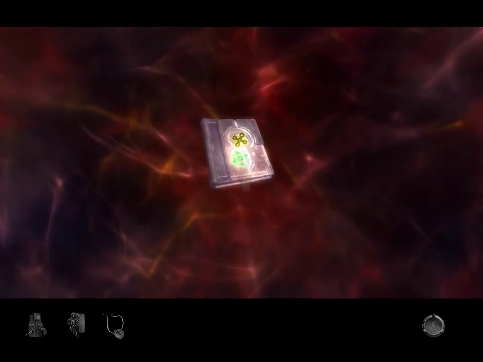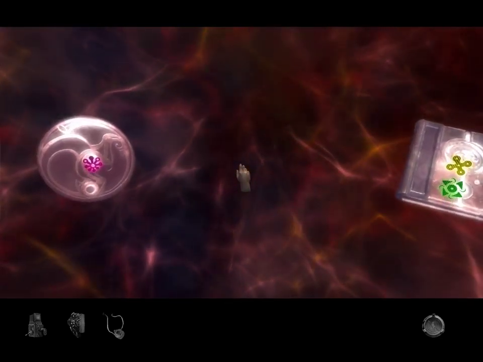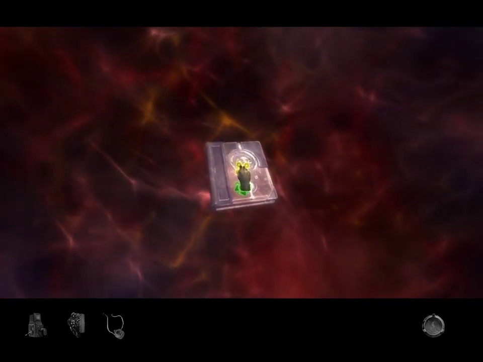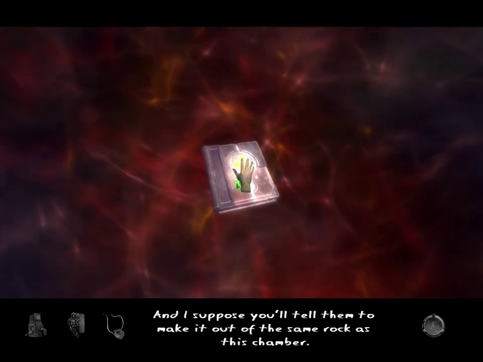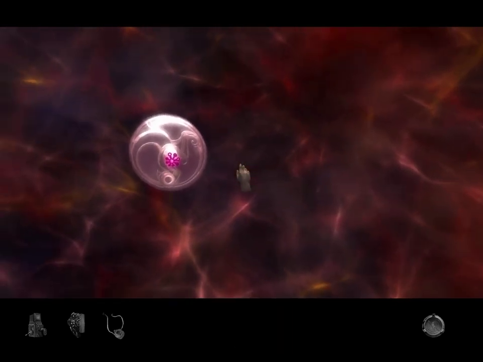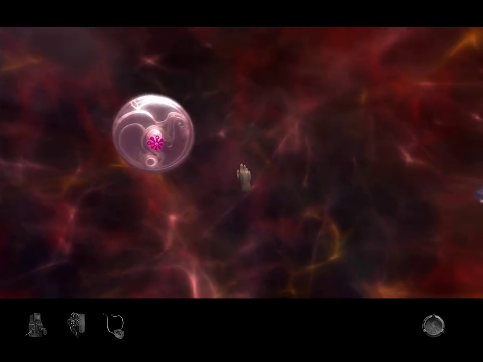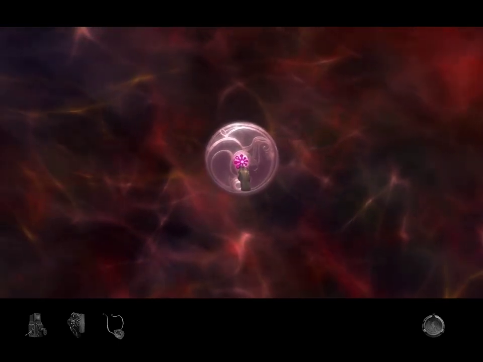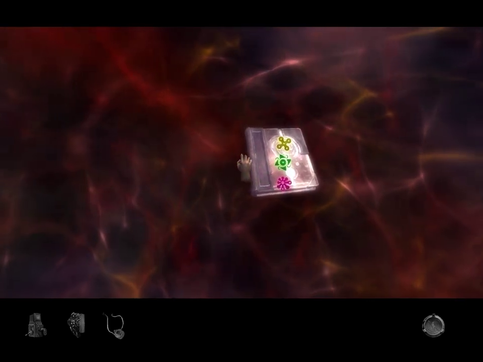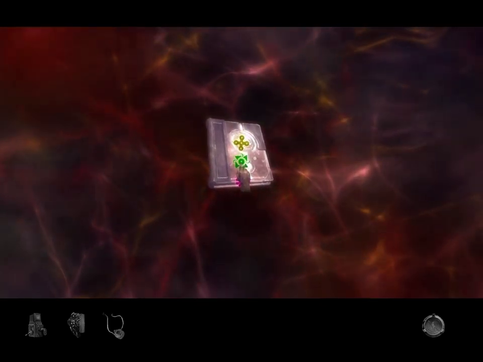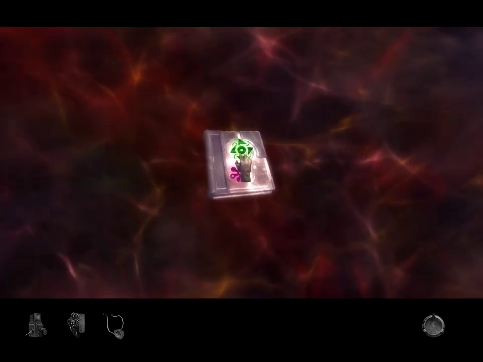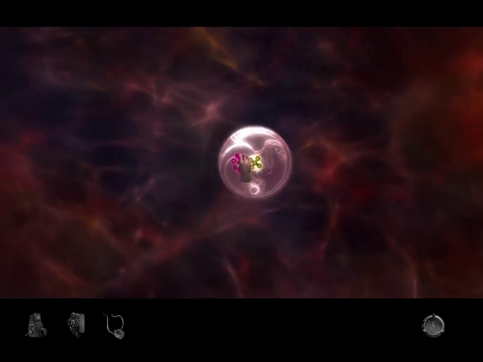Which is actually only that one, but we're going to have to be careful here. Because if I solve this one now, "Right. And I suppose you'll tell them to make it out of the same rock as this chamber," but if I drop this one there, then they'll be in the wrong order. So I'm actually going to move that over there, and this should solve the puzzle.